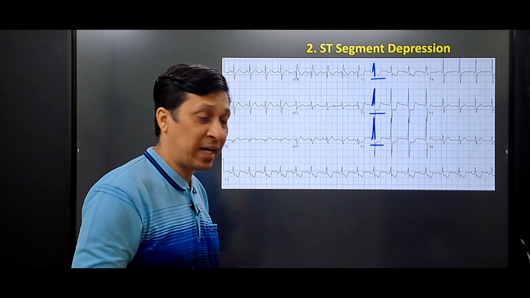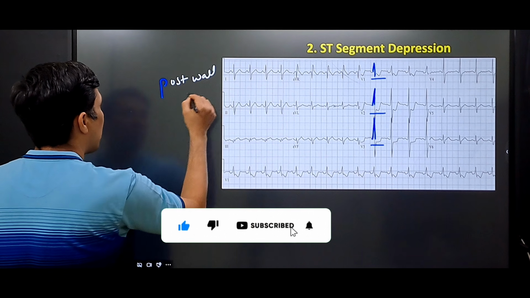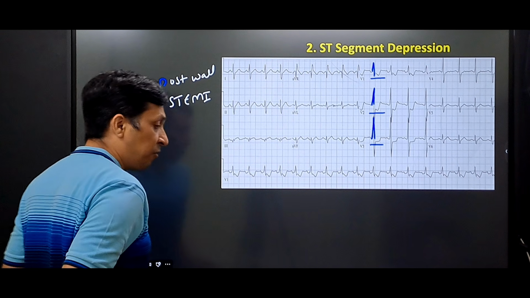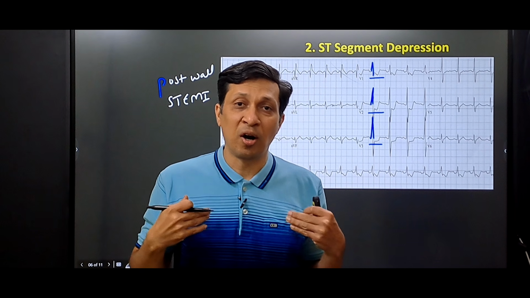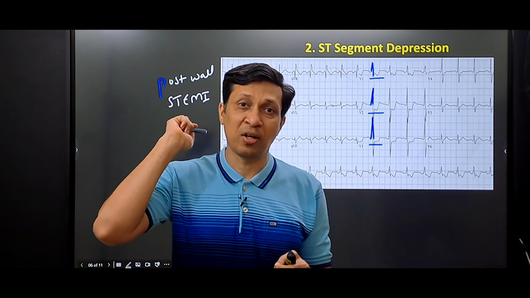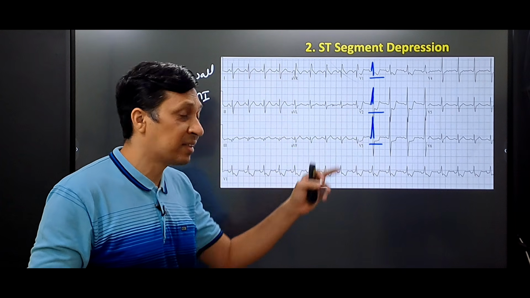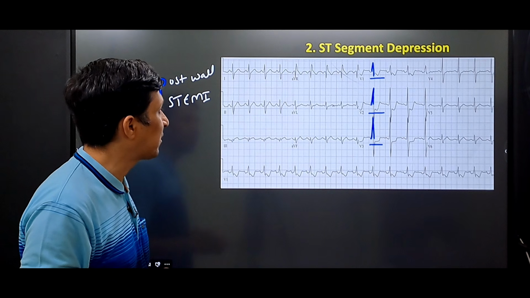This is a pattern that is seen in posterior wall ST elevation MI. When we place the chest leads, we place them on the anterior wall of the chest. But if there is a myocardial infarction of the posterior wall of the heart, what we see in the anterior leads are actually the reciprocal changes. So this pattern one should not miss.